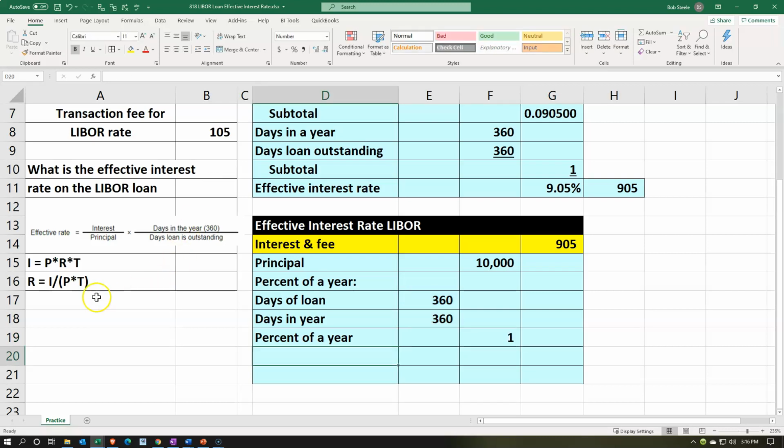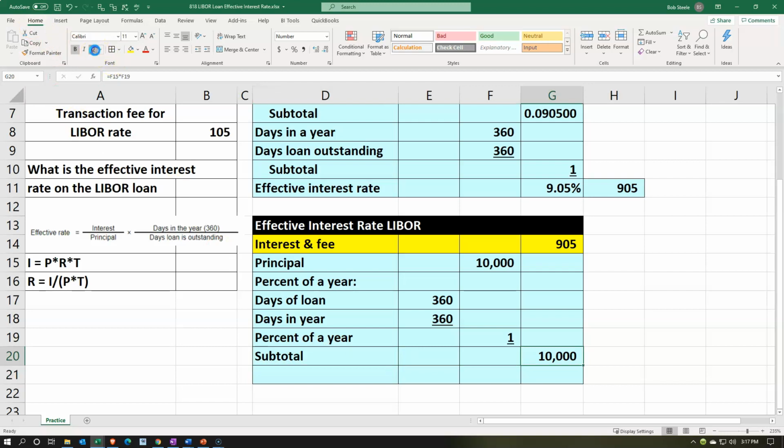So then the percent of a year is simply 1, which would be the 360 over the 360. And so now we have the principal and the time, principal times time, underline here, and that'll be the subtotal. Put it in the outer column. This is going to be the principal 10,000 times time. We'll underline that.